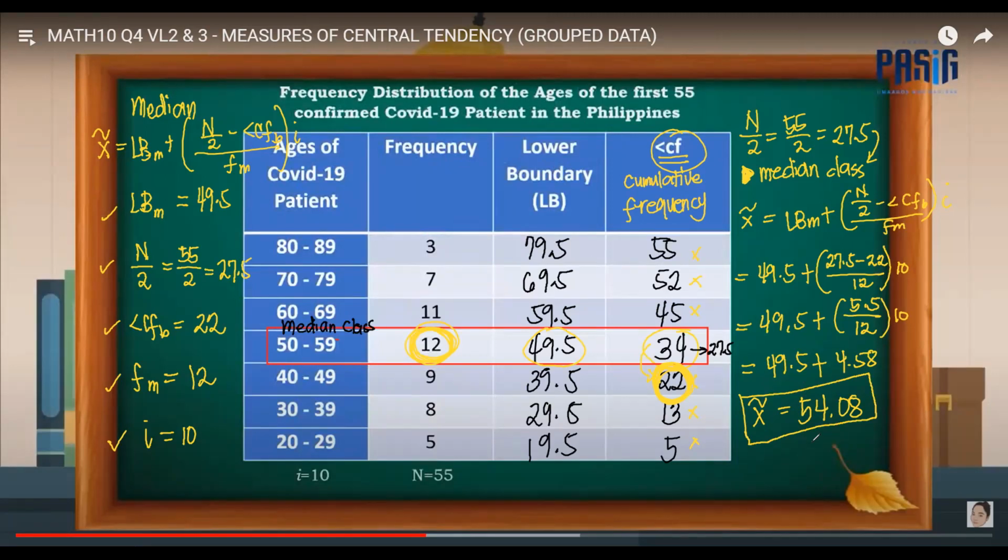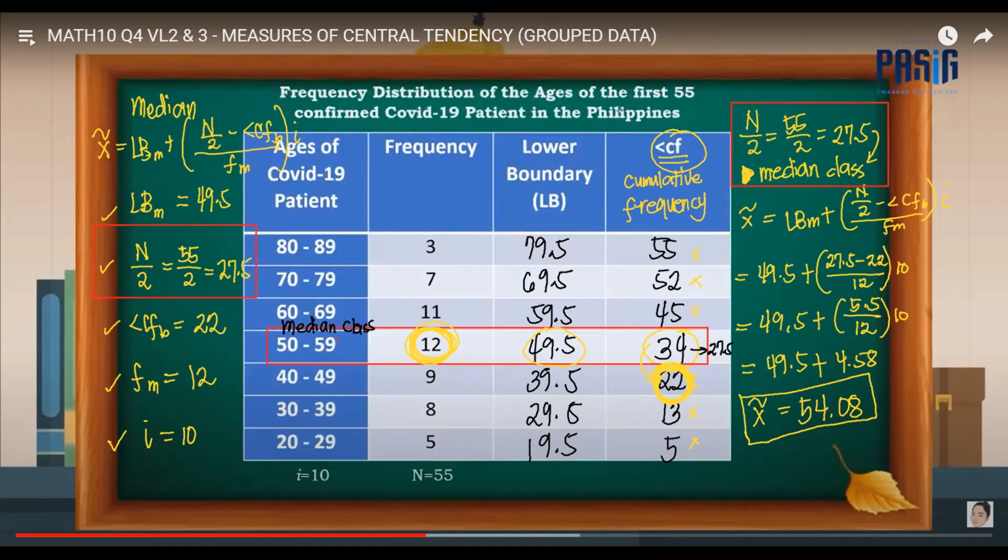So that is the way on how to get the median. First, you have to get the lower boundary, the cumulative frequency, and then after that, you have to identify the median class. You can only identify that when you take this. That is why earlier I put it here.